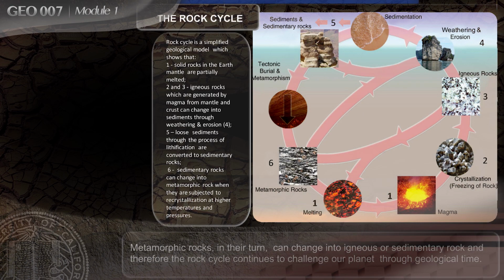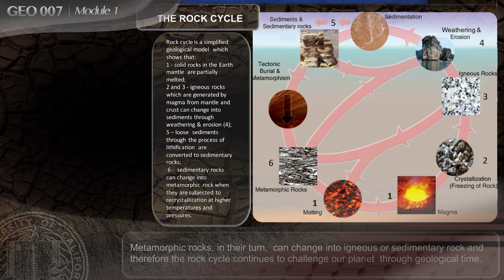The rock cycle is a simplified geological model which shows that, number 1, solid rocks in the earth mantle are partially melted. 2 and 3, igneous rocks, which are generated by magma from mantle and crust, can change into sediments through weathering and erosion. Number 5, loose sediments through the process of lithification are converted to sedimentary rocks.